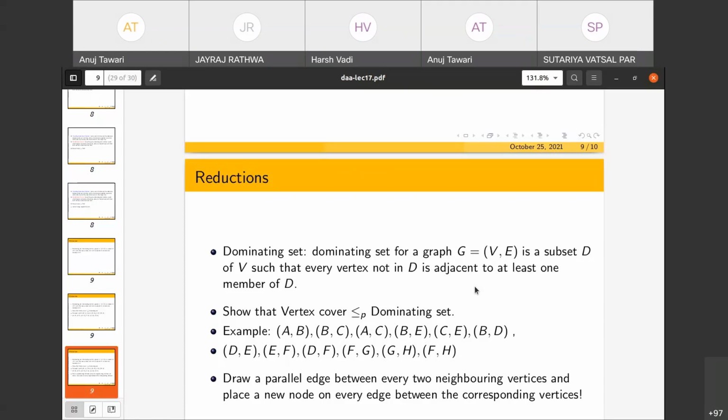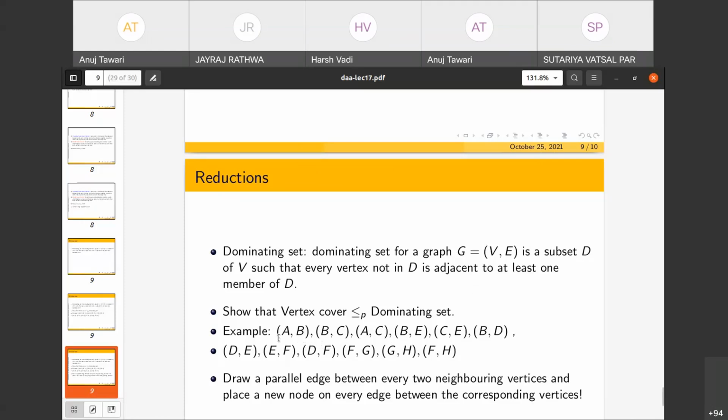Okay, are there any questions? Yeah, there is a question. Dominating set for this graph is B F. Okay, let's check it out.